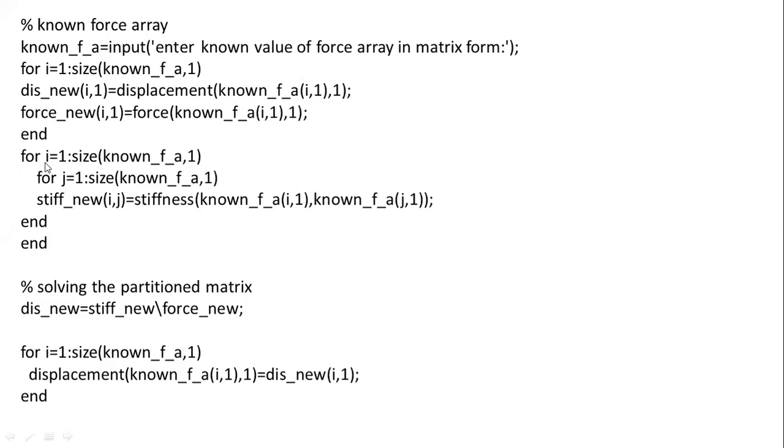Okay, and now here we prepare stiffness new, correct, means new displacement, new force, and new stiffness matrix. So in all these three steps we prepare or convert that original matrix into new matrix, 3 by 3 matrix convert into 1 by 1 matrix.